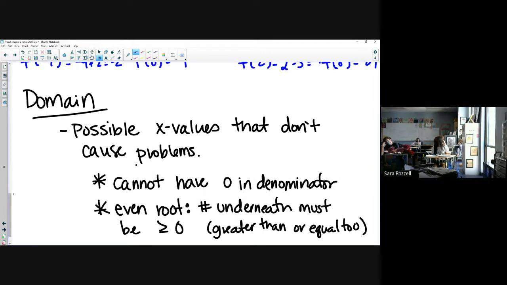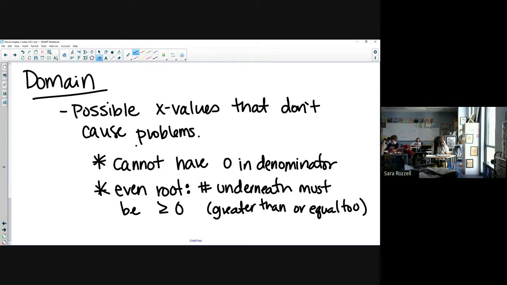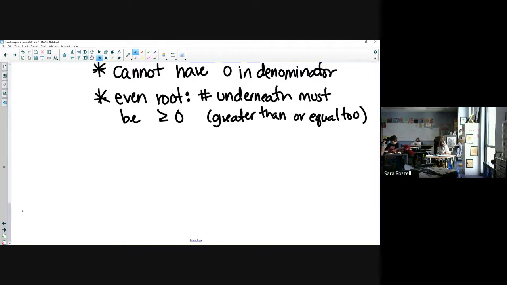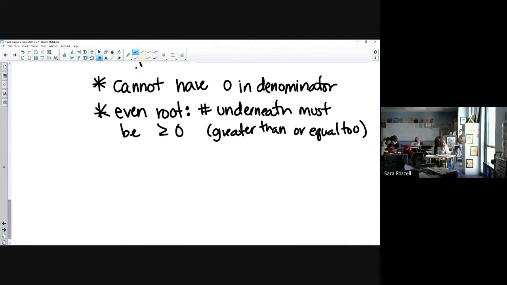We're going to look at 4 problems and see what our domain is.